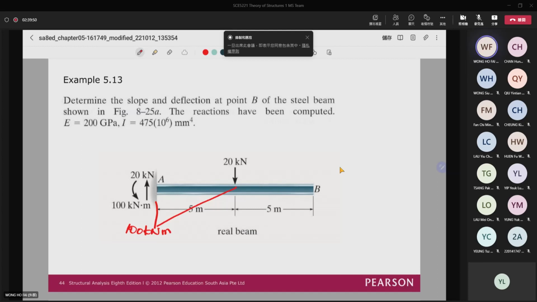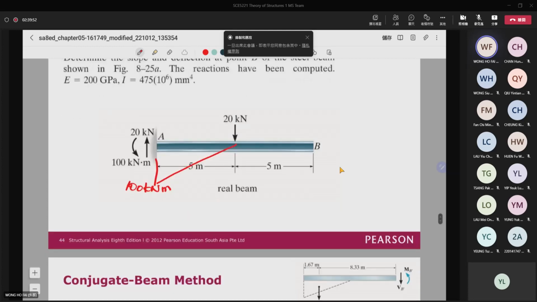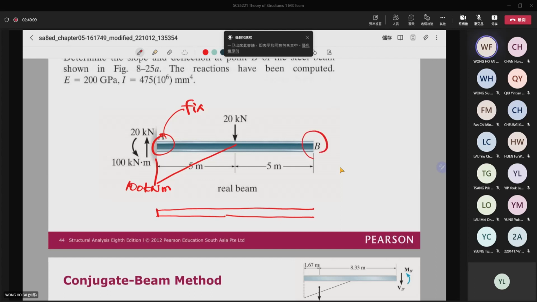Now for the conjugate beam, actually you need to first of all turn the support. This is fixed end. As I mentioned, from fixed, we need to change to free end. So this is free end, and then from the free end, you need to change to fixed. So this is your conjugate beam.